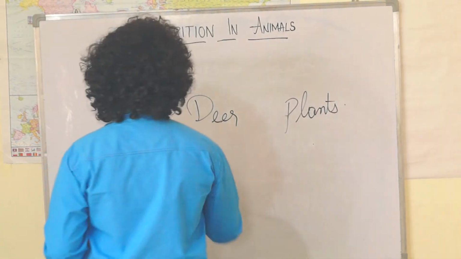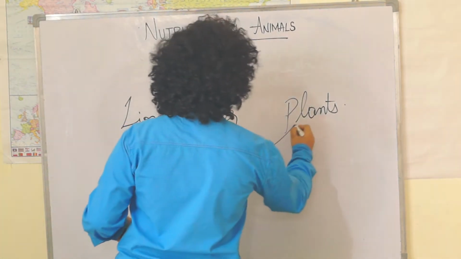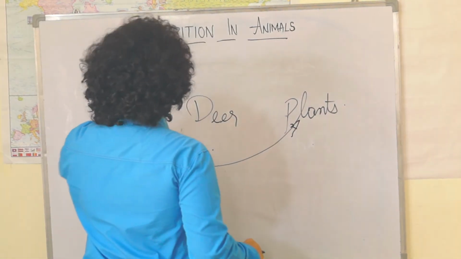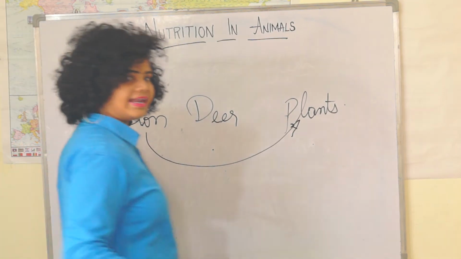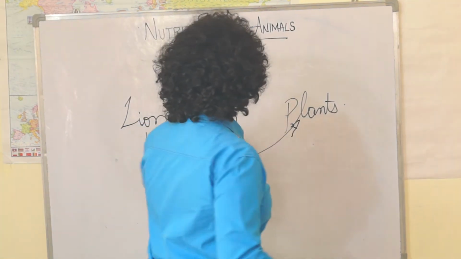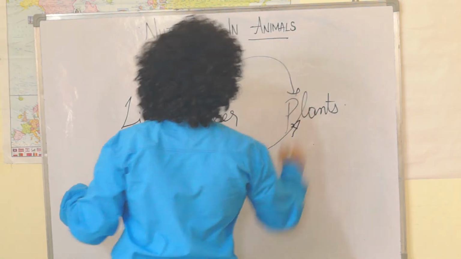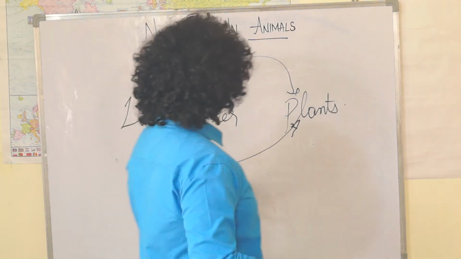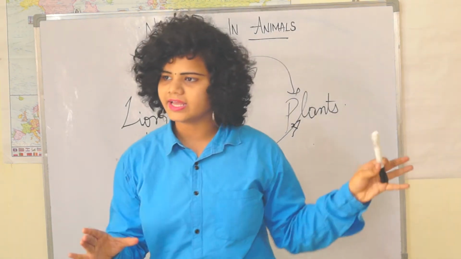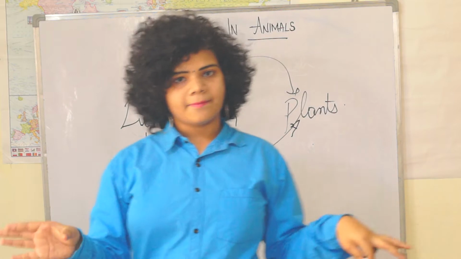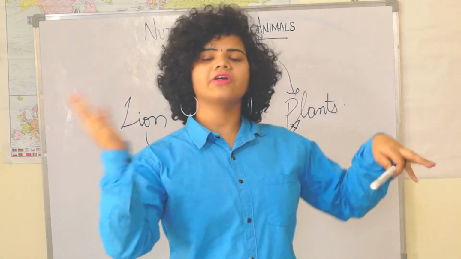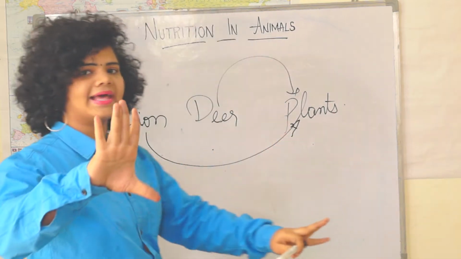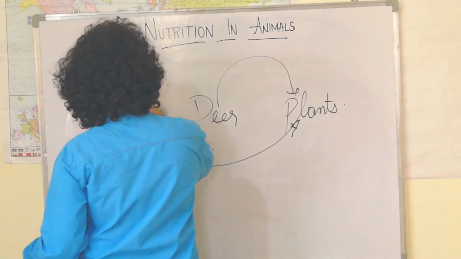For example, this lion indirectly depends upon the plants, but the deer directly depends upon the plants. So every animal directly or else indirectly depends upon the plants. Is it clear? Understood? Yeah.